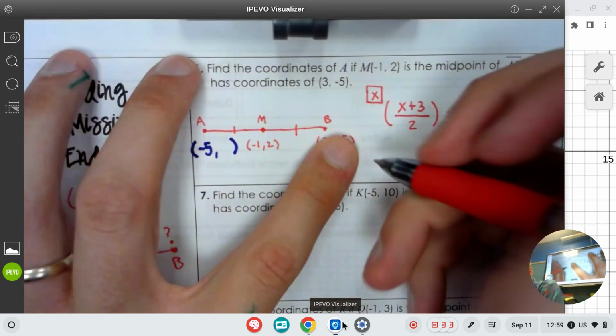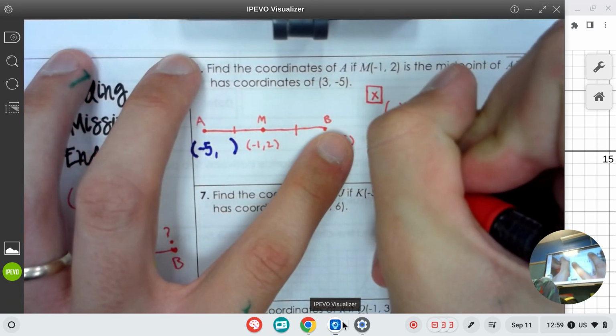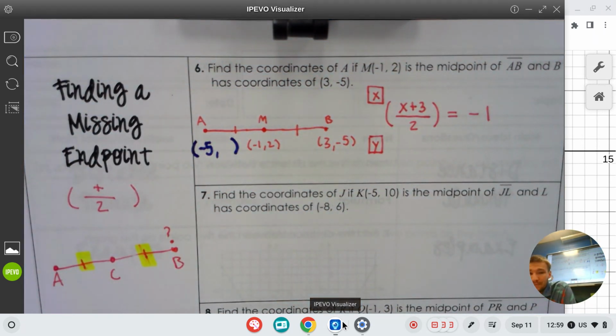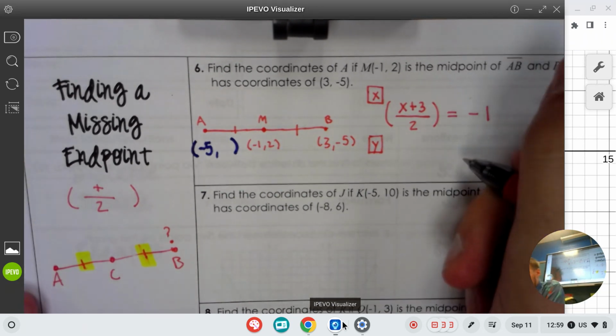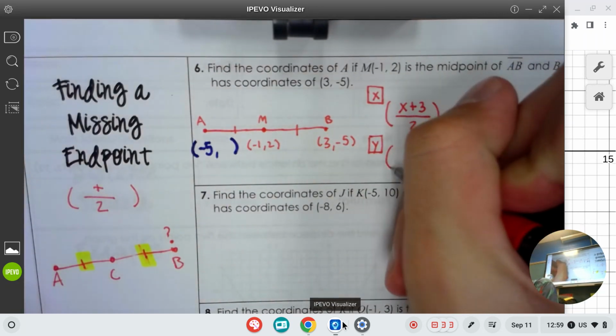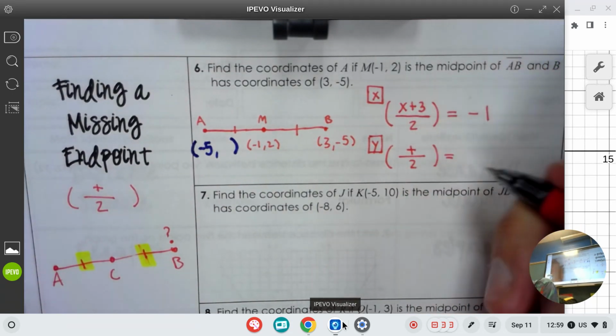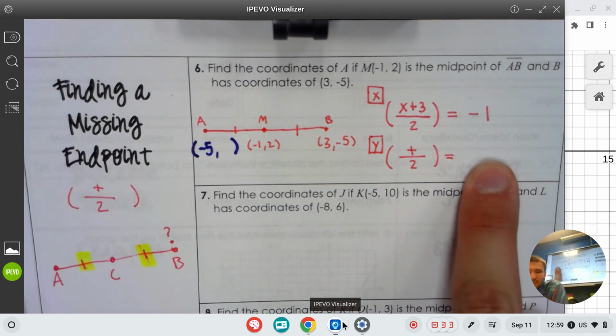So let's see. If we're going to do the y coordinate, we should know that add them together, divide by 2 equals the midpoint. So, add them together, divide by 2 should equal the midpoint.